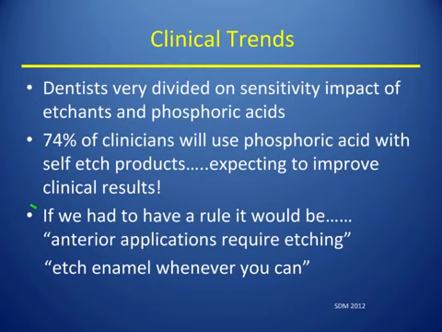We look at use of phosphoric acid, and certainly that can have some implications as to developing postoperative sensitivity. We want to make sure that we're using these materials correctly and appropriately. But as a general rule, if we have enamel available, we want to etch it. The most established and most durable bond that we know is a bond to etched enamel, so we want to capitalize on that whenever possible.